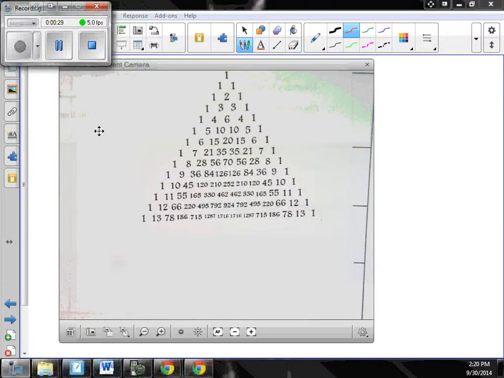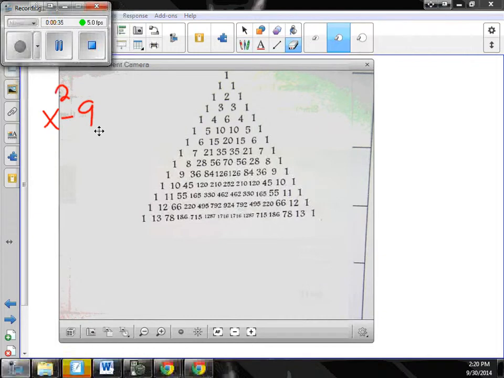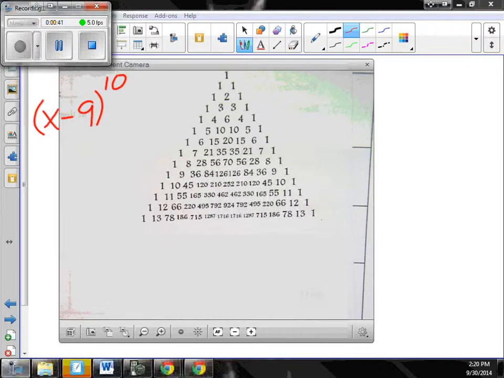So if I had x minus 9, let's say, to the 10th, how many terms are there going to be in that polynomial? 11 terms. Now, it would take a long time to figure them all out, correct?